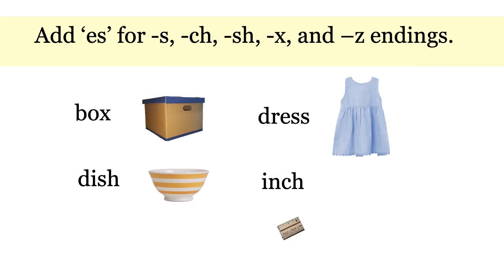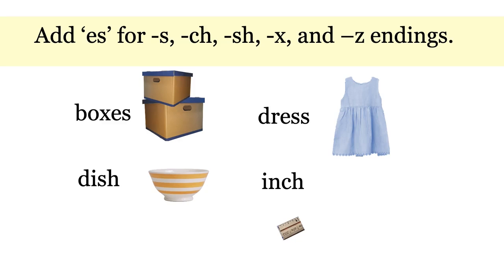Add ES for S, CH, SH, X, and Z endings. That means if the noun ends with a sound like s, ch, sh, z, we need to add ES. Box ends with X, so we add ES and we get boxes. Dish ends with the sh sound.